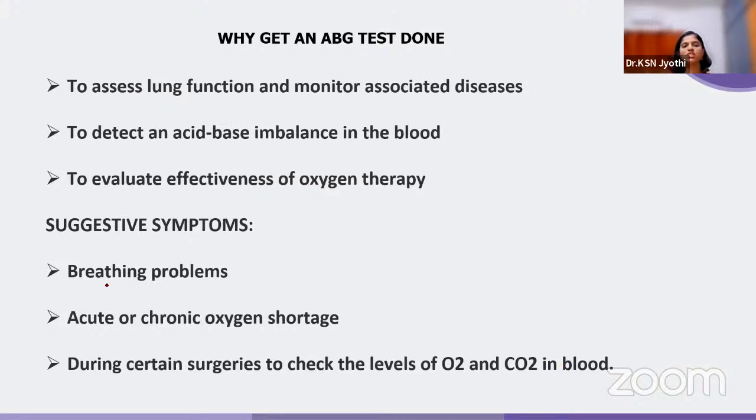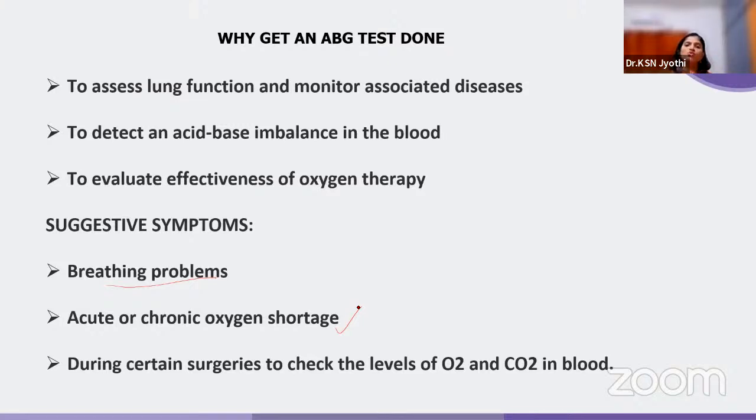So when you have suggestive symptoms like breathing problems or oxygen shortage, you're finding it difficult to breathe. Generally, post-surgery, the body takes some time to come back to normalcy, or when you have specific therapies like oxygen supplementation therapy or blood transfusion therapies.